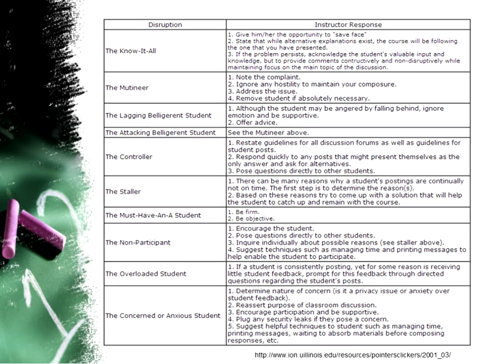I'm not going to read through all of these, but you can scroll through there and see that there are different ways that we can help these students and manage our course a little bit better. What do we do when we have the know-it-all, or the staller, or maybe the non-participant student, the ones who don't show up? How do we handle those students?